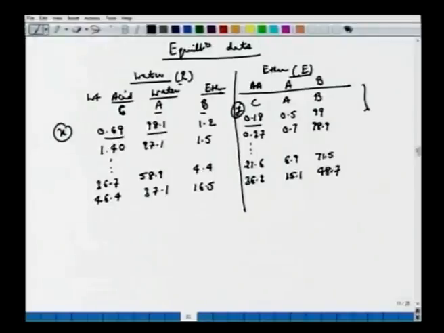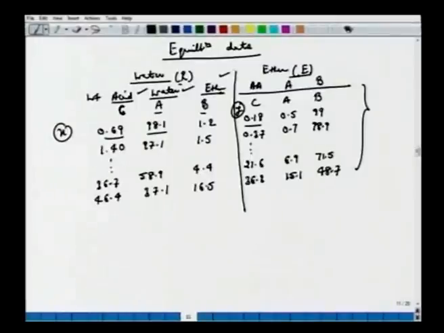Such type of thermodynamic data you are supposed to avail yourself. You can go through some of the thermodynamic handbooks, or Treybal, McCabe Smith, or the book by Datta. This is a very common combination of three species: acetic acid, water, and ether.